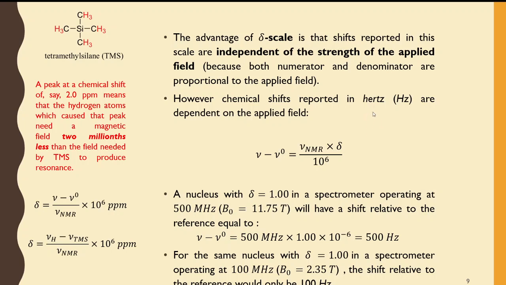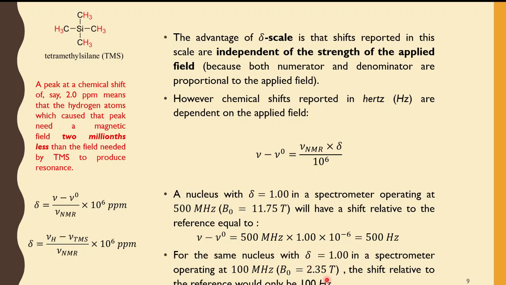Okay, and so here's an example. If a nucleus has a chemical shift of 1 ppm in a spectrometer operating at 500 megahertz, where the magnetic field is equivalent to 11.75, then according to this equation, it will have a shift relative to the reference of 500 hertz. The same nucleus in a spectrometer at 100 megahertz will have a shift relative to the reference of 100 hertz.